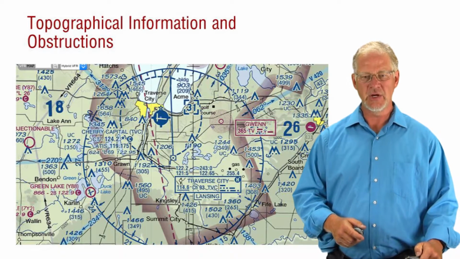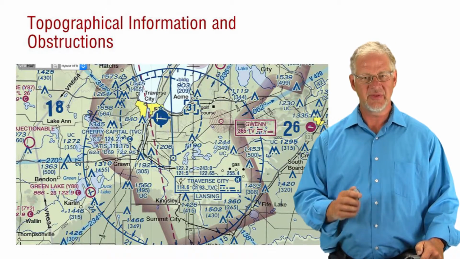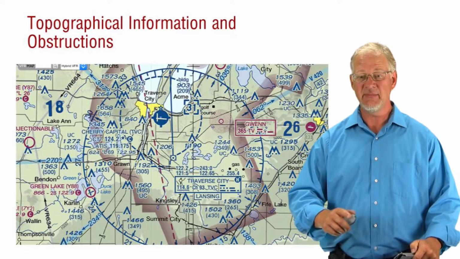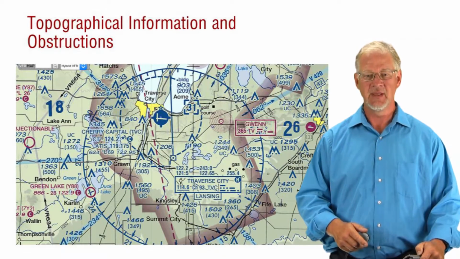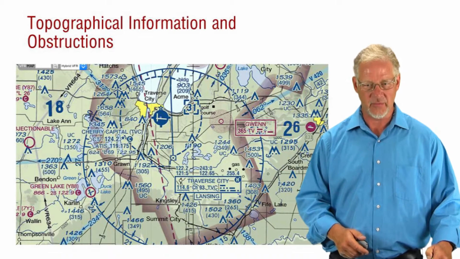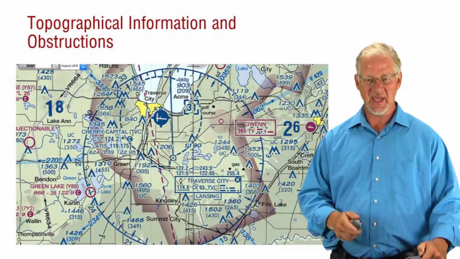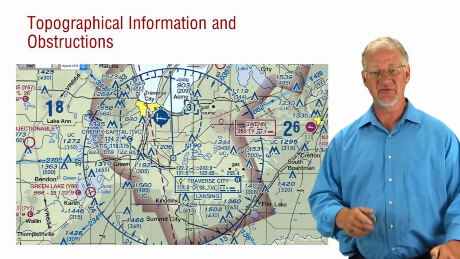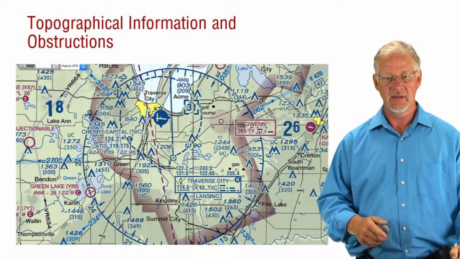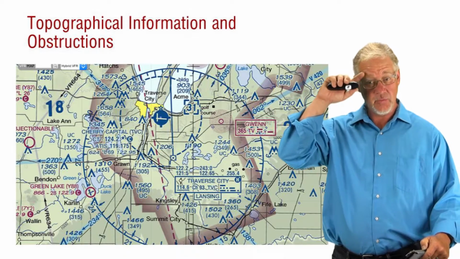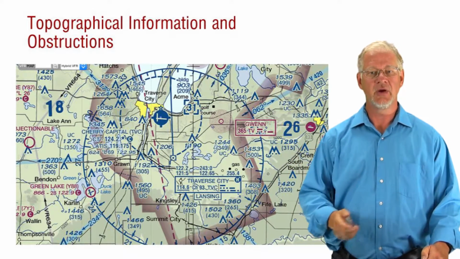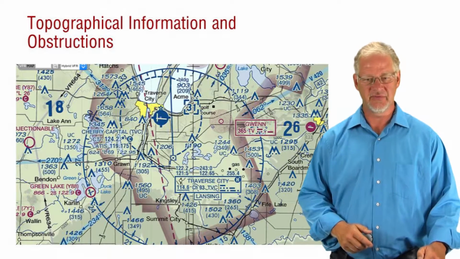When you're going to be plotting a NOTAM, you want to use the navigational aid as your center point, no matter where you're going to be flying in and around that region. It could be 10 miles away, it could be 40 miles away. Use the navigational aid. If there is no navigational aid, you can use the center point of the airport. So look at your sectional maps where you're going to be flying and look at where the navigational aids are and look at where the airports that don't have those.